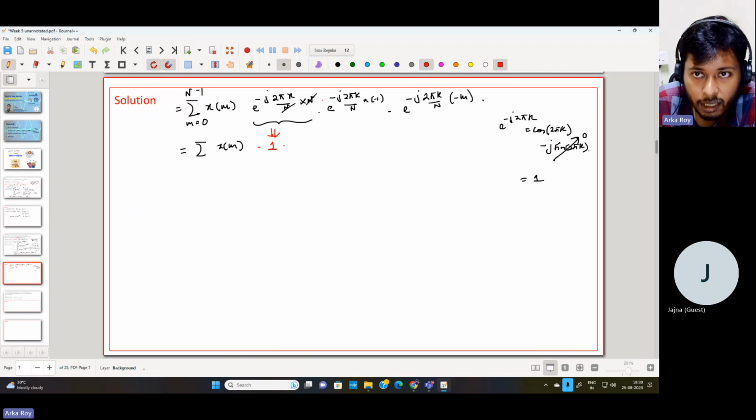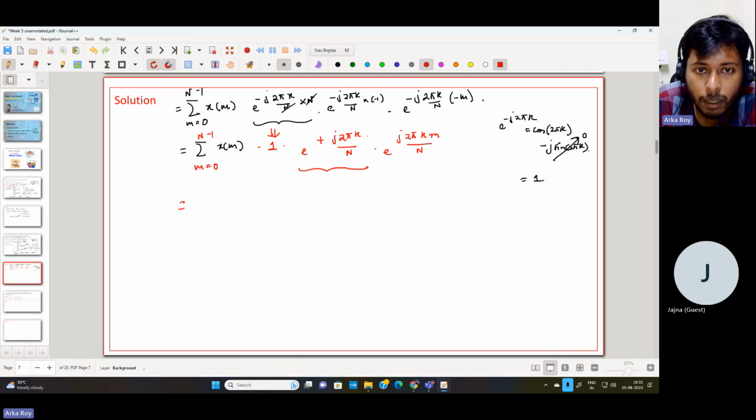Then I can write it as e power plus j 2 pi k n, and then as e power j 2 pi k m divided by n, and the summation is running from m equals 0 to n minus 1. I can see that this particular exponent is not dependent on m.